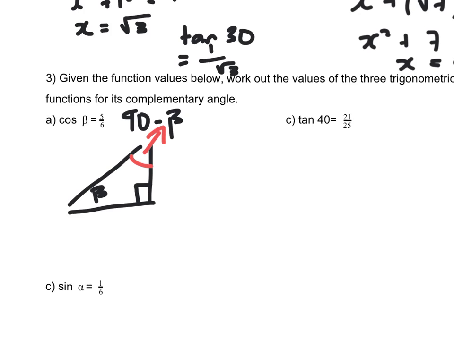So what we have is the adjacent to beta is 5, the hypotenuse is 6. Use Pythagoras' theorem to work out what this side x is over here. And then when you've got that, we go and look at the angle 90 minus beta, and we construct the ratios from that.